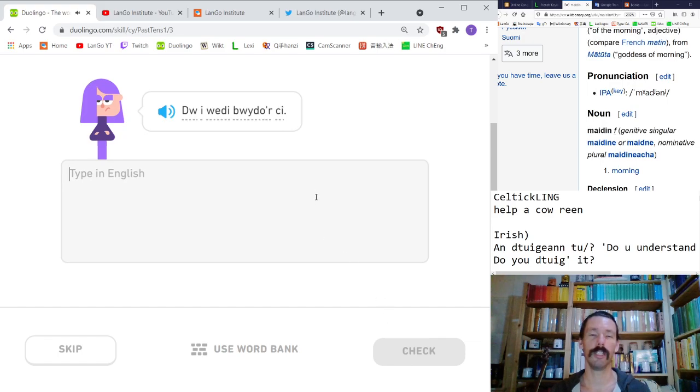Ci is the dog, like Scottish coo, from the old Indo-European word, which gave hound in English. Bwydo, another derivative I think of that bwyta, food, with voicing there at the stop. I have fed the dog.